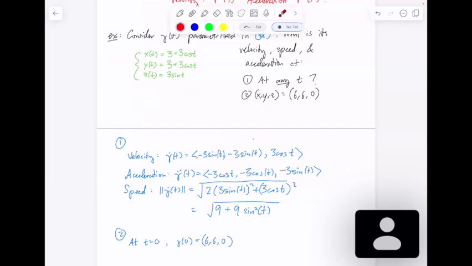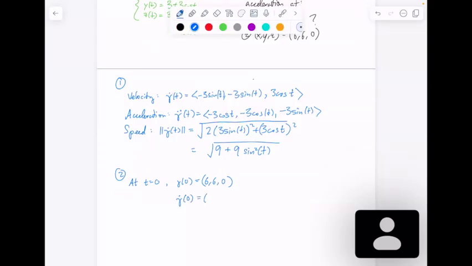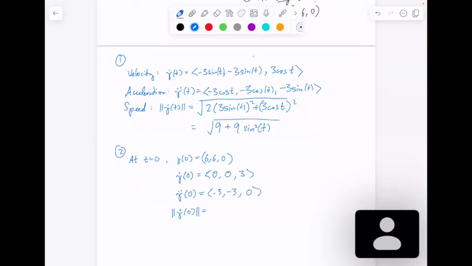Now plug in 0 for every one of these. The velocity at this time is 0, 0, 3. Its acceleration is minus 3, 0. And its speed must be equal to 3.